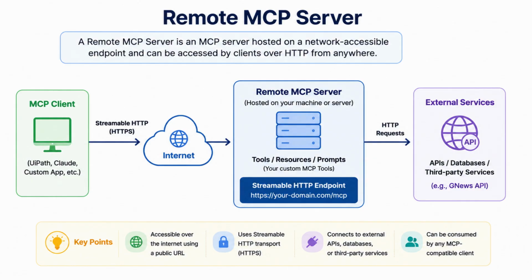If someone else needs to access that MCP server, we cannot use the local MCP server. In that scenario, we can use a remote MCP server. This remote MCP server uses HTTP transport, which allows the tools to be consumed remotely across different systems. So any MCP client can connect to this remote MCP server.